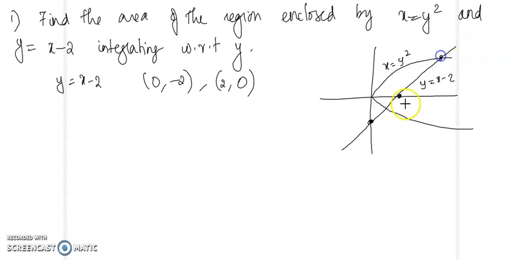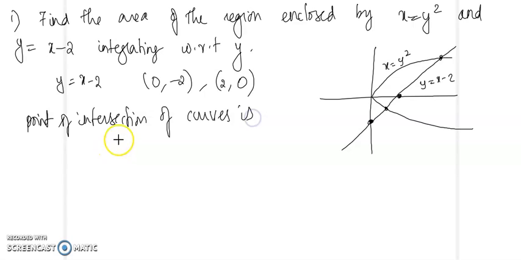Now let us look at what these points are. The points of intersection of the curves are given by, let us form the equation in terms of y. You have y square equal to x, and x is y plus 2.